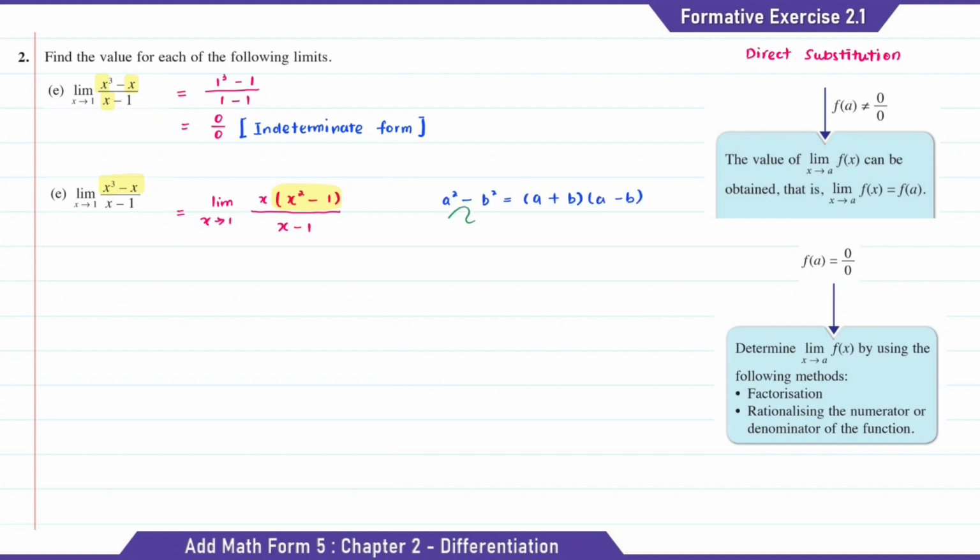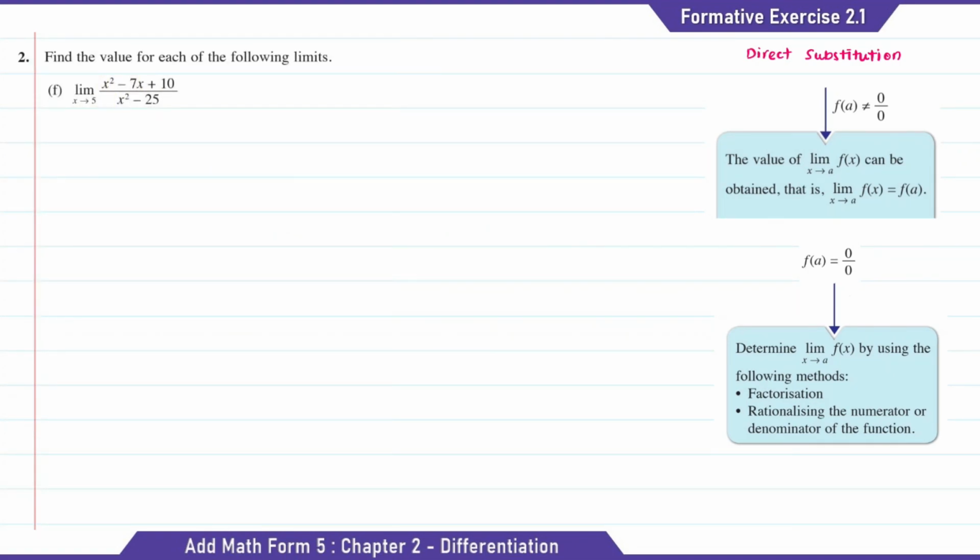So here for the x squared minus 1, I can write this as x squared minus 1 squared. Then when I factorize this, I'm going to get x bracket x plus 1, x minus 1. So now we can cancel for the x minus 1. So now I can substitute the x here with 1. This is equal to 1 bracket 1 plus 1. And the answer of this is equal to 2.